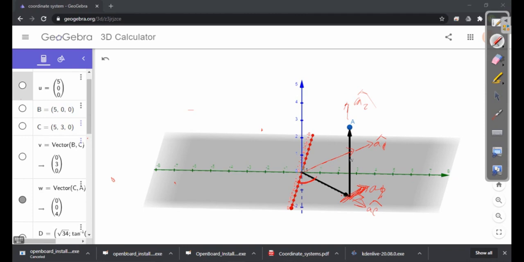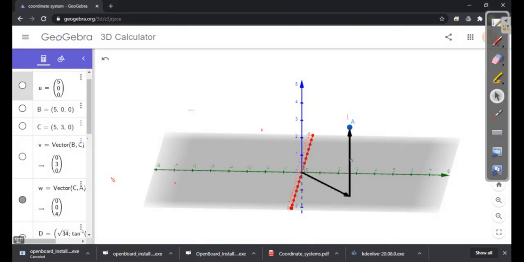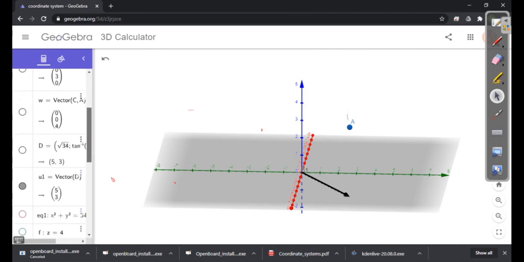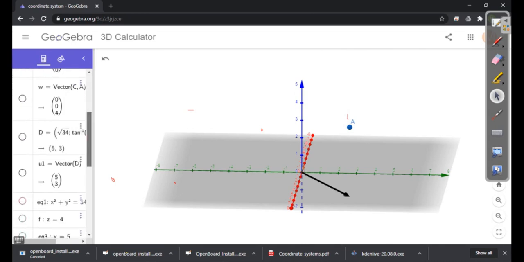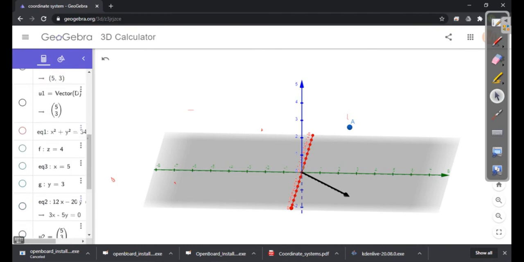Now the third and the last one, the spherical coordinate system, where we have directly z.